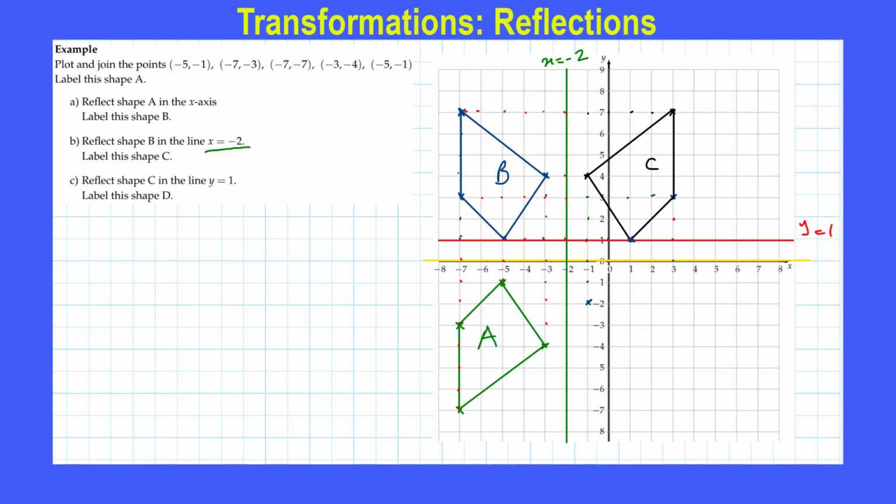Next one was 2 squares above, so it goes 2 squares below. And we do it similarly for the other point. Joining them up, and we're going to call this one shape D.